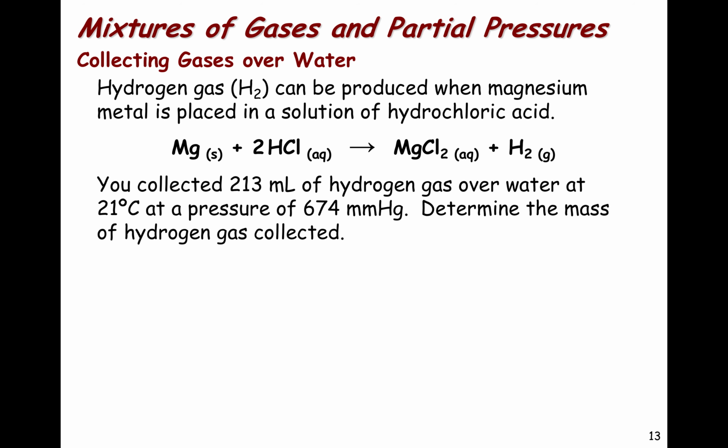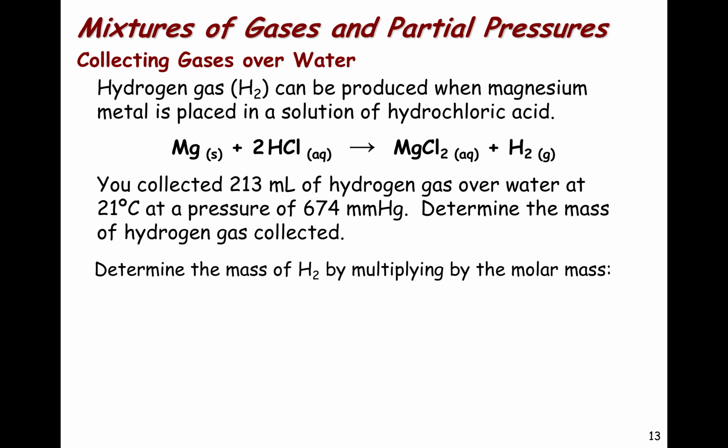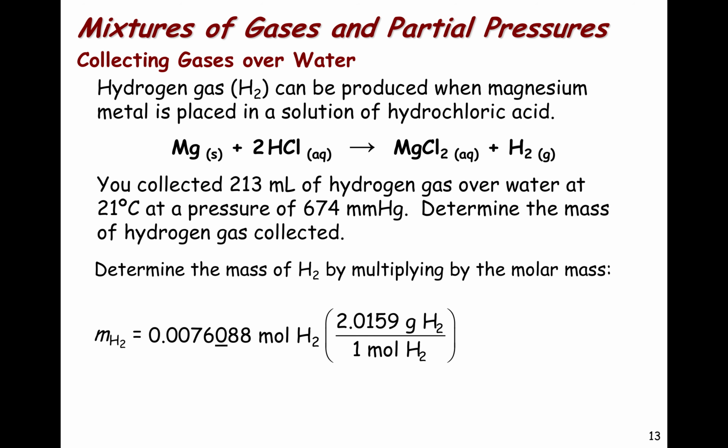We then need to figure out the mass of hydrogen gas that has been collected. So we need to multiply by the molar mass. In this case, the moles of hydrogen times the molar mass of H2, and we end up with 0.0153 grams of hydrogen, which then rounded to our three significant digits gives us our final answer.